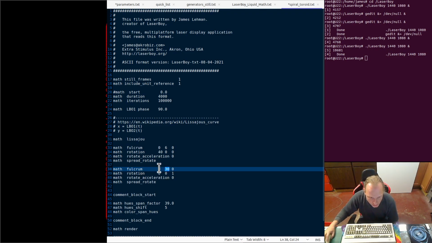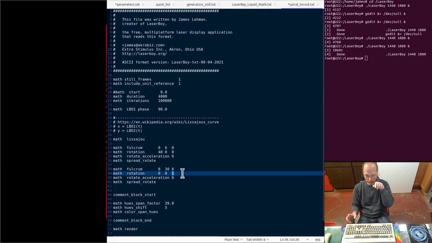And it's 0x and 0z, so this is on the y-axis, 30 units above the origin. And we're setting the rotation to only one full rotation, but not around x, but rather around z.